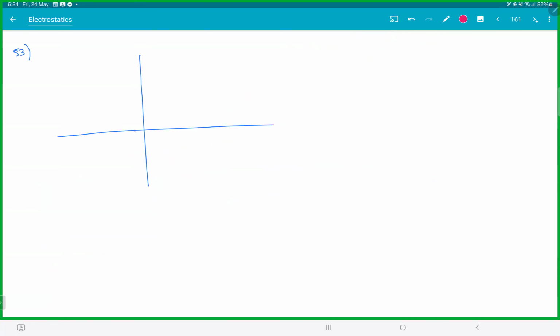So we have a dipole at the origin. Find the locus of all points where the electric field is along the y-axis. Meaning there should be only a j component, there's no i component.